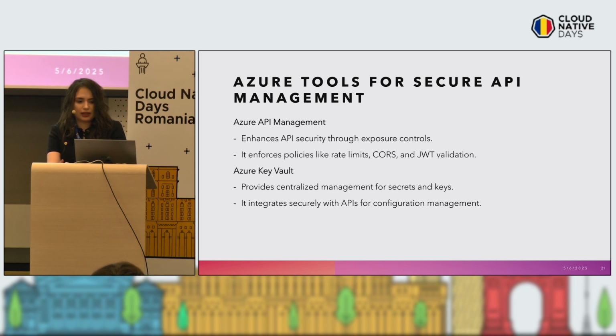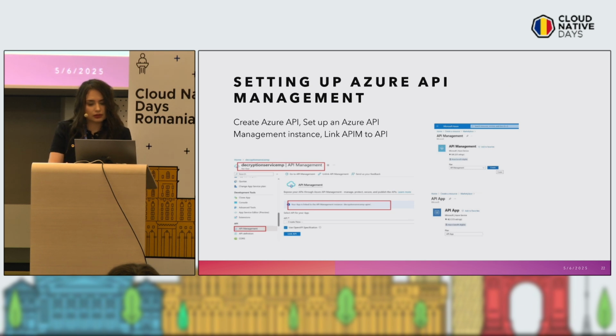The APIM provides other policies like rate limits, CORS and CRS and JWT validation. This was the first approach, and then we actually deployed the Azure API as a web app. And the Key Vault centralizes all the keys, secrets, and certificates.